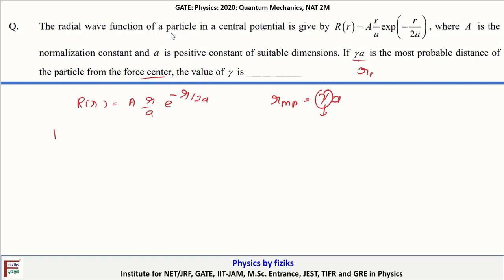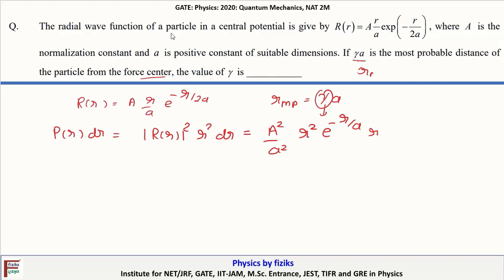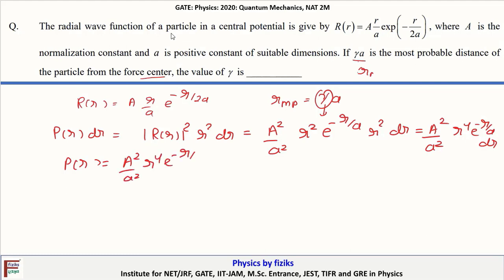Now radial probability density would be given by mod R(r) square into dr. So here we would have A square by a square r square e to the power minus r by a into r square dr. That means A square by a square r to the power 4 e to the power minus r by a into dr. So P(r) is nothing but A square by a square r to the power 4 e to the power minus r by a.